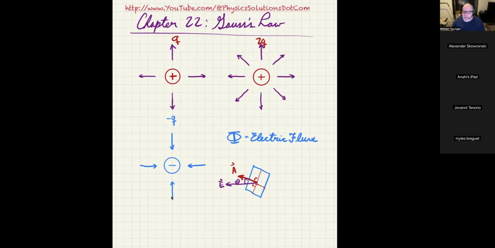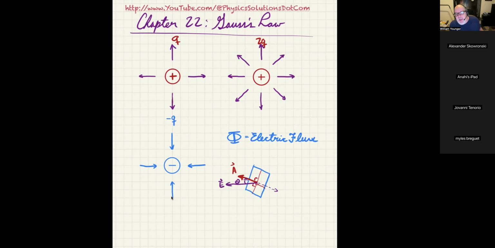Okay, that's by default. Now, there's no good reason for A to point this way as opposed to this way. Notice perpendicular from the back side would be like this, or perpendicular from the other side would be like that. Both of those are acceptable, and we make no claims as to which one's the appropriate one. So it doesn't matter at all right now when we're dealing with windows, to calculate the flux, whether the A points from the front side towards us or from the back side away from us.